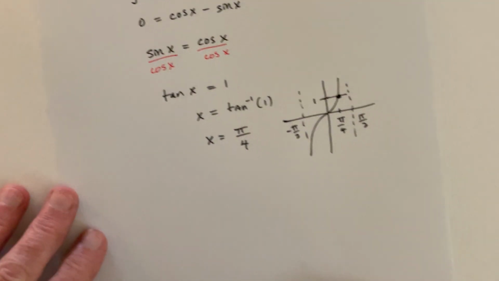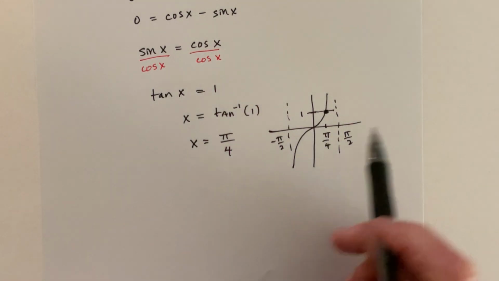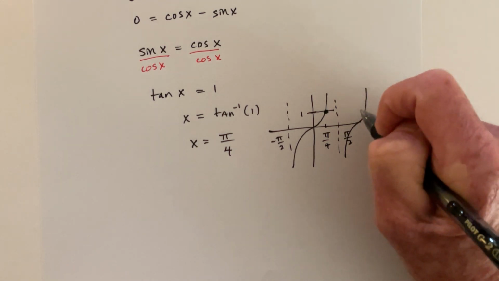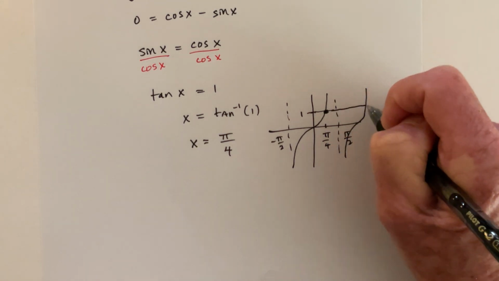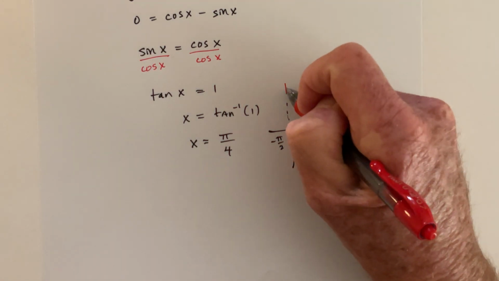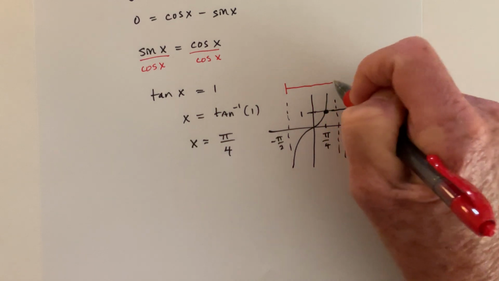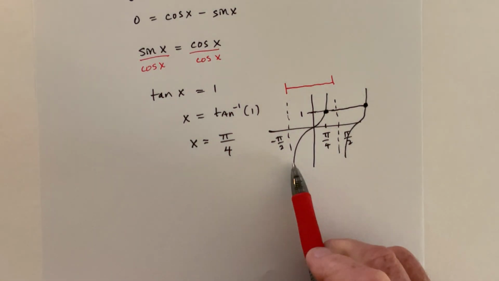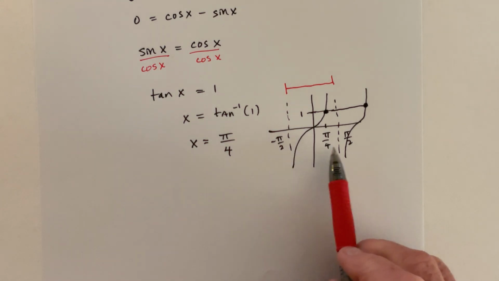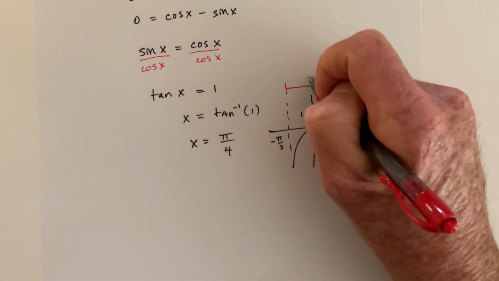So if you go back to this little graph of the tangent function and you were to draw the tangent function again and continue this over, there's going to be a second answer over here. As I drew the first branch of the tangent function, the distance between negative pi over 2 and positive pi over 2 is pi.